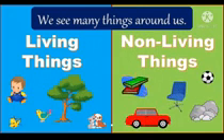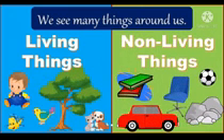Let us see some pictures. Animals, trees, birds, fish, human beings. They all come under the living things. And book, car, chair, ball, rock. They all come under the non-living things.